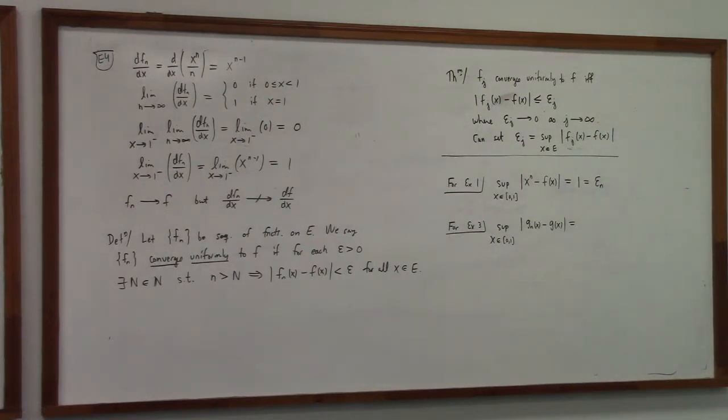So let me just use some color coding here. The g_n, here's the graph of g_n.